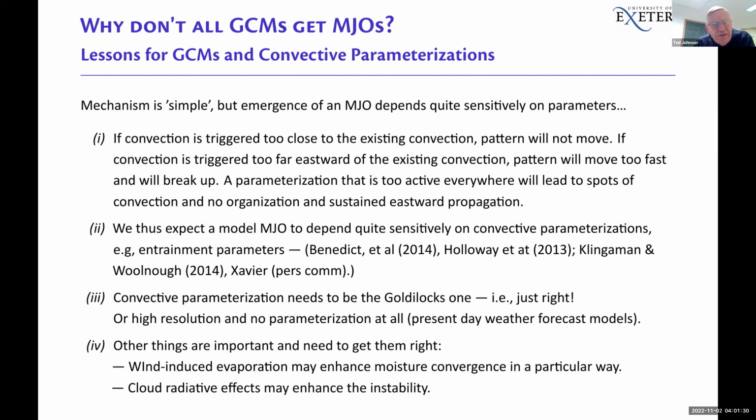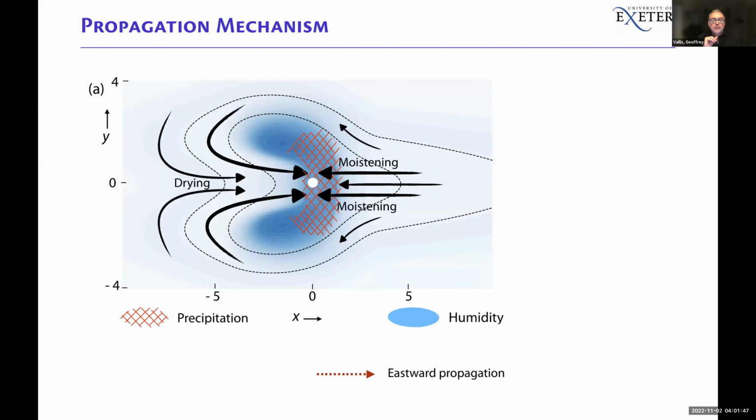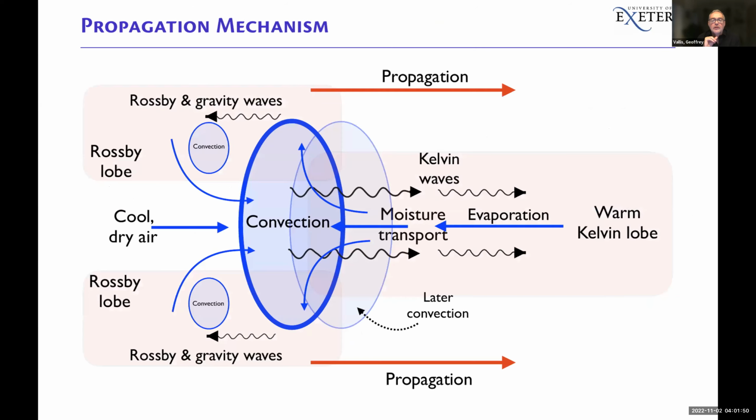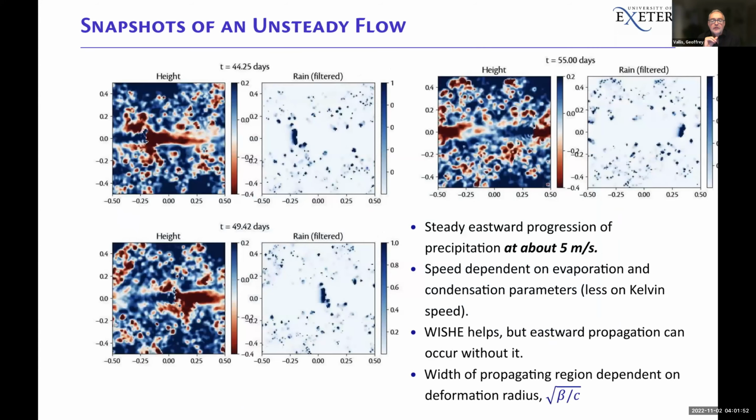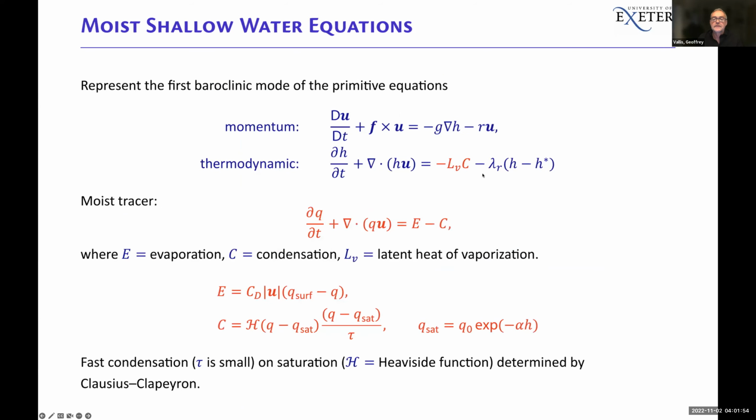But what vaguely is going on with the energy in this? You're radiating your energy in the Kelvin waves and the Rossby waves. Where are you mainly getting it from? It's mainly coming from this term, which is the condensational heating.